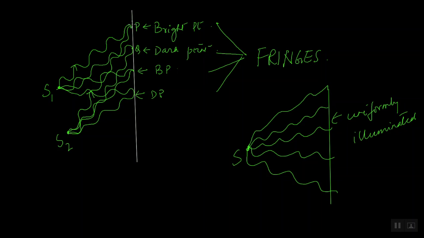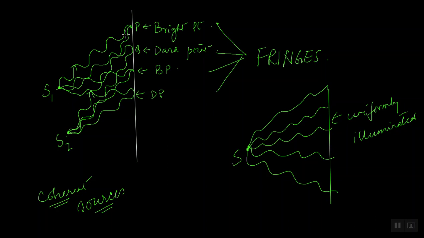So because of the superposition of light waves coming from two coherent sources, what kind of sources? Coherent sources. I will give you the definition of coherent sources later, but for now you just take it for granted these sources are coherent sources.